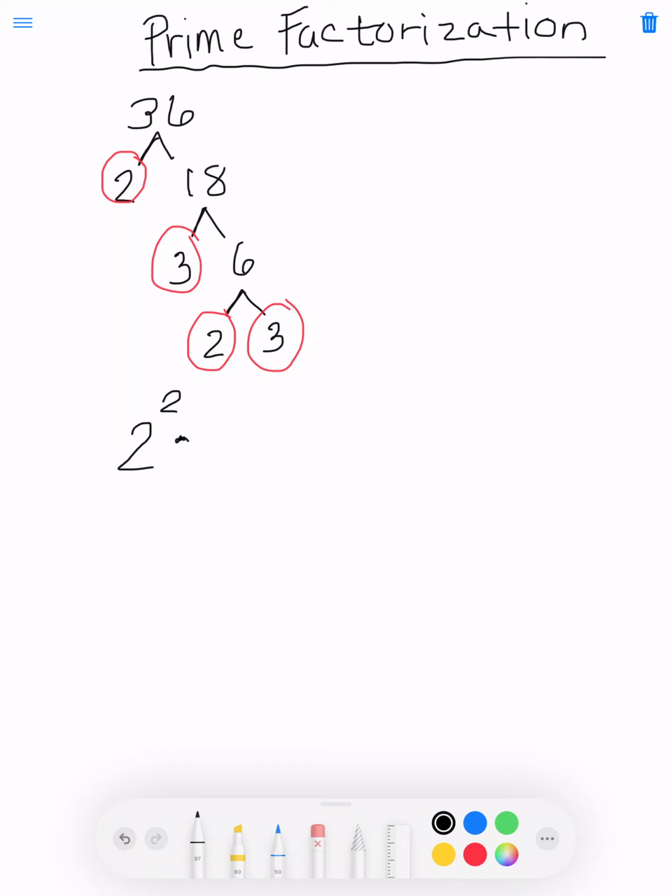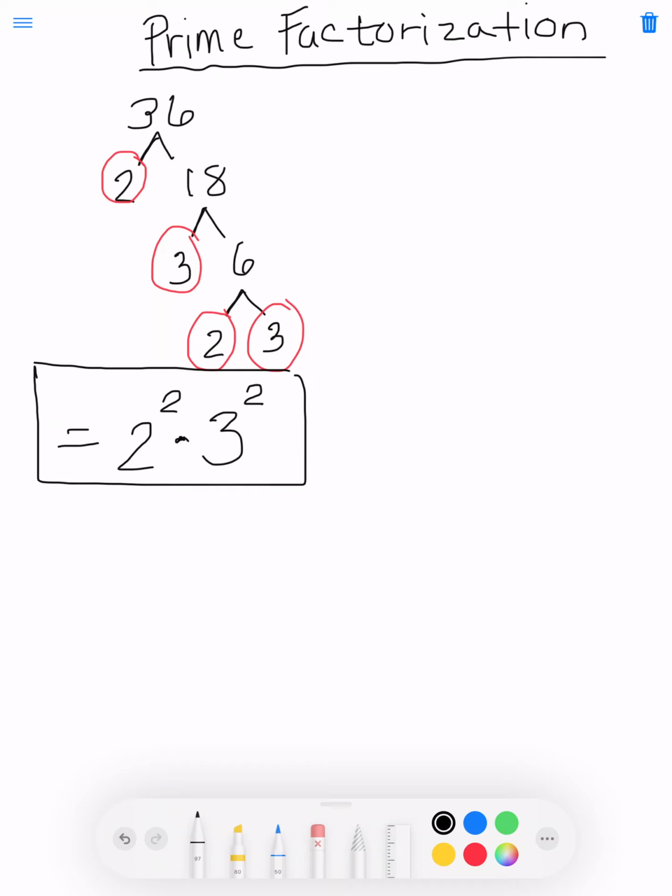You're not going to use an X. That's a dot, even though it's not coming up as one. Times 3, and then how many times did you circle the number 3? 2 times, so 3 to the second power. And then that is your answer. That right there is the prime factorization of 36.